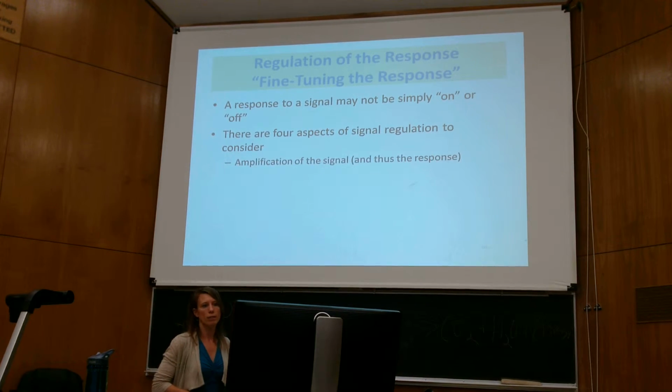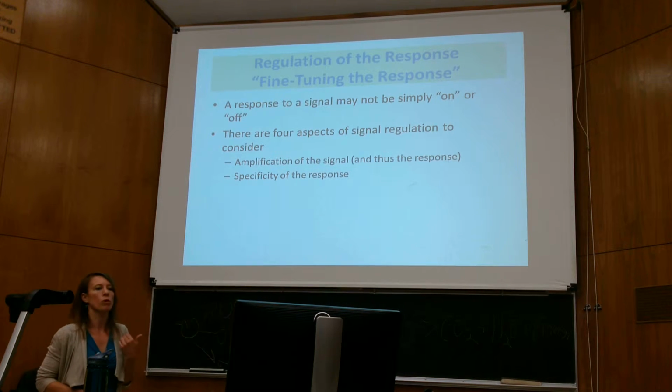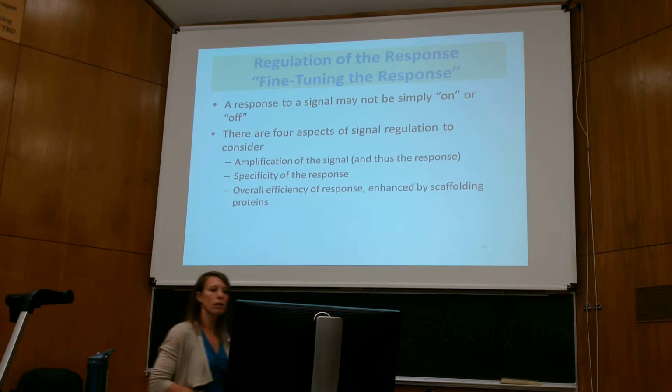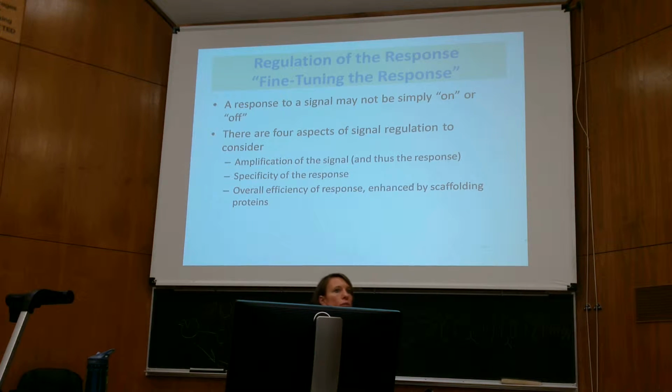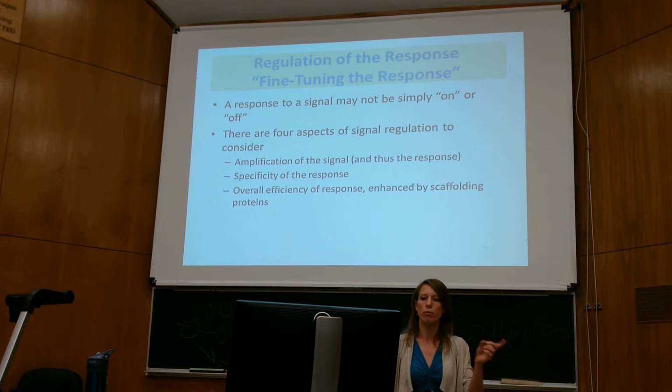Okay, so there's 4 aspects to consider when we think about how cells fine-tune the response. So I just went over amplification is one way. Specificity of the response, which we'll look at here in a second. And then there's overall efficiency that can be done by what we call scaffolding proteins.